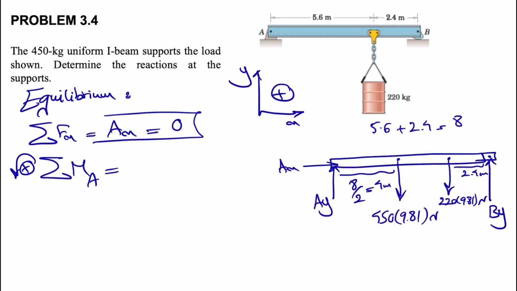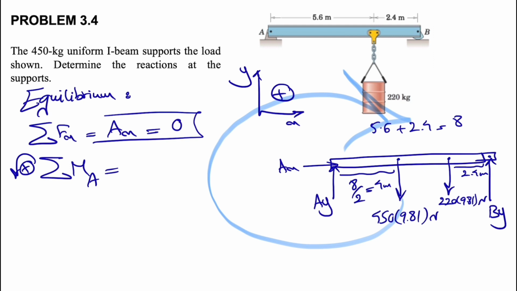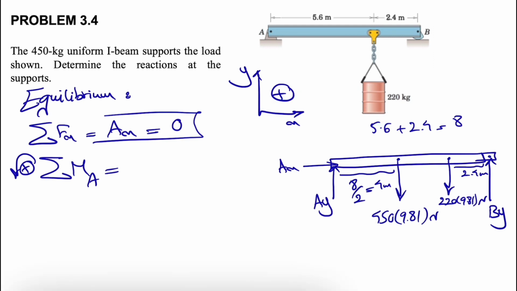And for that, what we have is the moment of the beam, which was 450 times 9.81. And if we look at it, we'll see that the moment about A is clockwise, which means it's negative. So we'll have negative 450 times 9.81 times the distance, which is 4. By the way, we have a video for finding the moment in 2D questions, and that would be the shortcut that I'm using now.